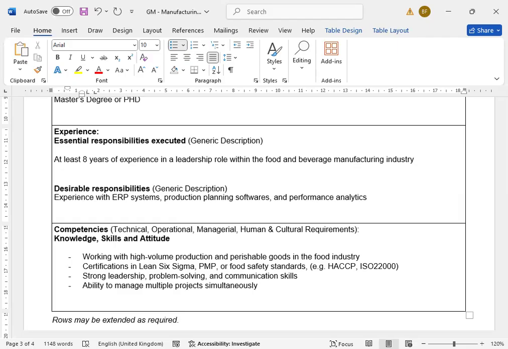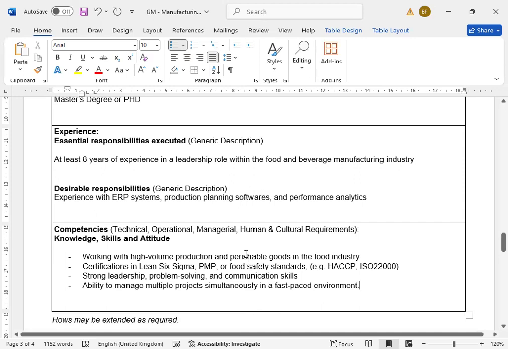Correct spelling? Simultaneously. Okay. In a fast-paced environment.